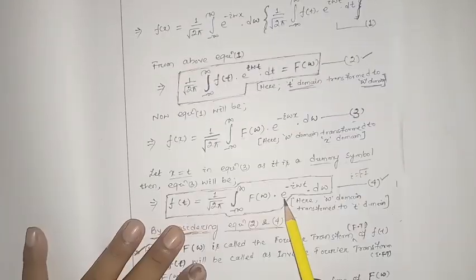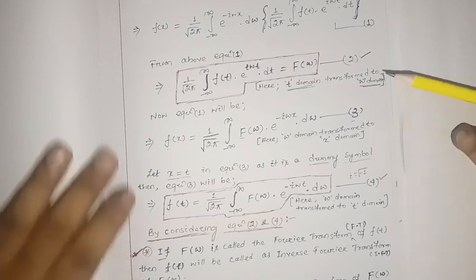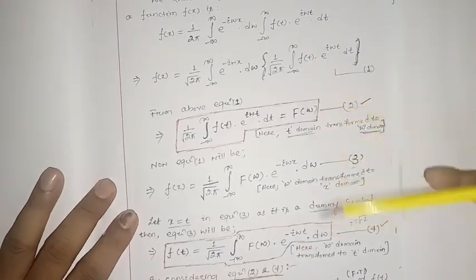This function we consider, capital F of omega, into, here plus iota omega t, here it will be minus iota omega t, d omega. Okay, so I suggest you just remember it in this format.